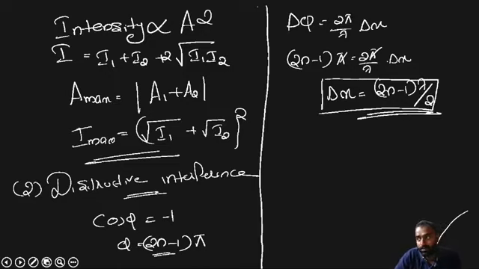The Young's double slit experiment setup is not as simple as it seems, because we have to produce a coherent source. Coherent source, we already discussed: constant phase difference at a point with respect to time. As the time changes, the phase difference can't change. To produce a coherent source, Young created a slit.